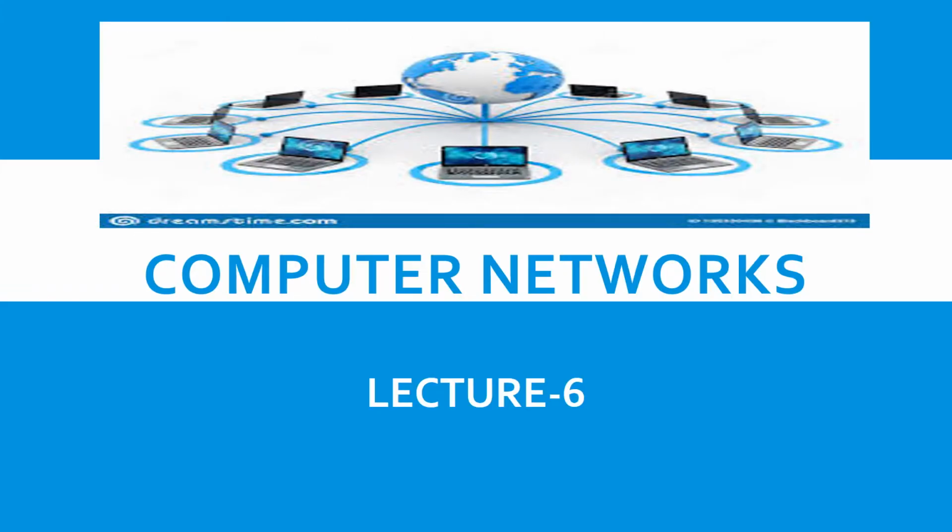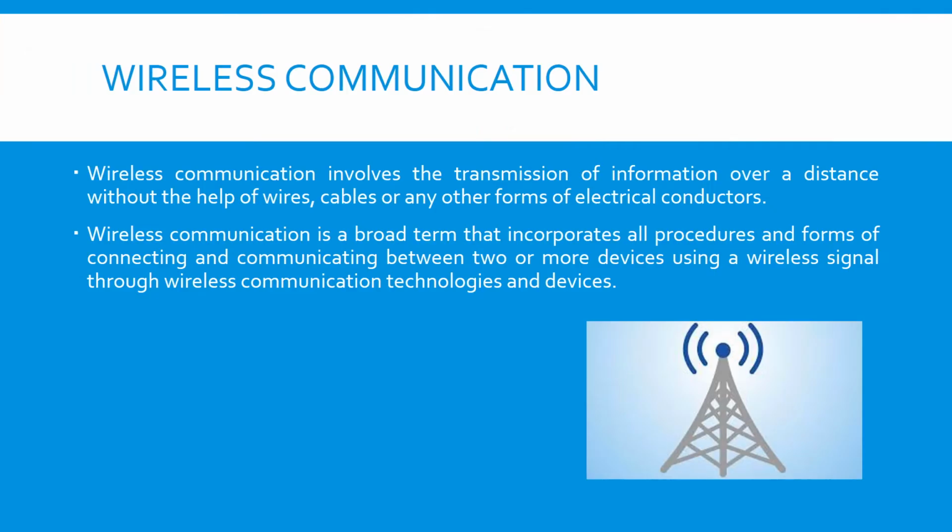So today we'll start with, in fact, continue with the same chapter, that is computer networks. The topic that we are going to take today is wireless communication, that is the wireless technology. We have studied about the types of networks that we have. There are two types, wired and wireless.